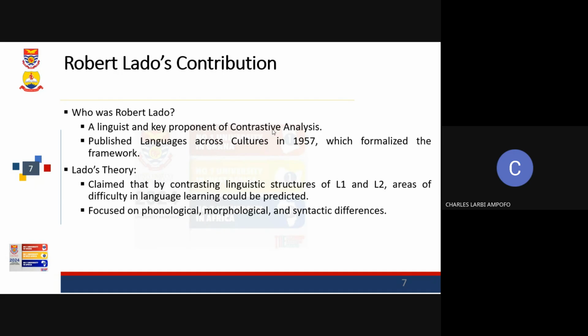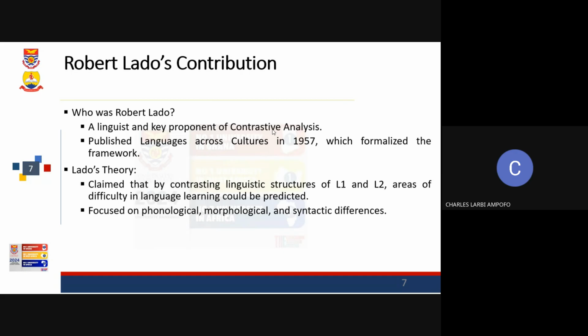So what was Lado's contribution? What did he contribute to contrastive analysis? He claimed that by looking at language structures, and don't forget I mentioned structural linguistics. In structural linguistics, they look at structures. That's where we get the name structural. They look at the structure of a language to teach.